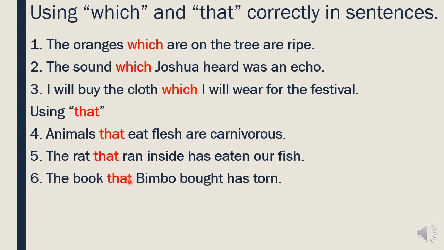The book that Bimbo bought has torn. Now these are good examples of us using which and that in what? Making correct sentences. So all you have to do is to play this video on and on and on till it sinks in deep. You understand better and answer the questions waiting for you in your class activity sessions.